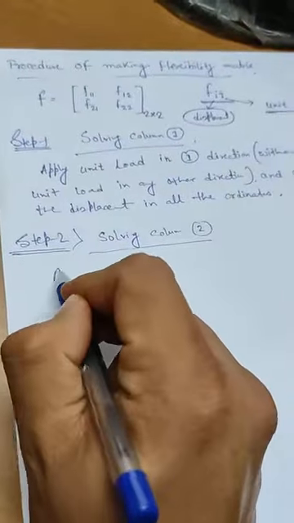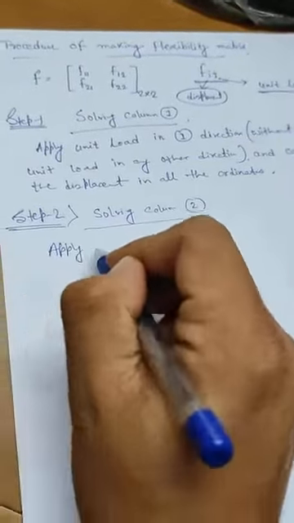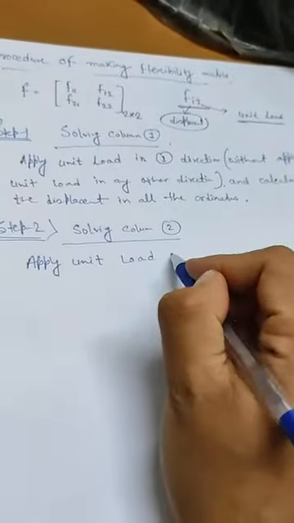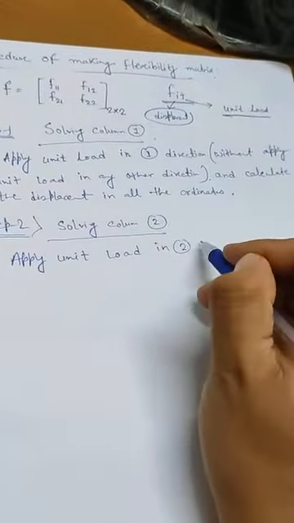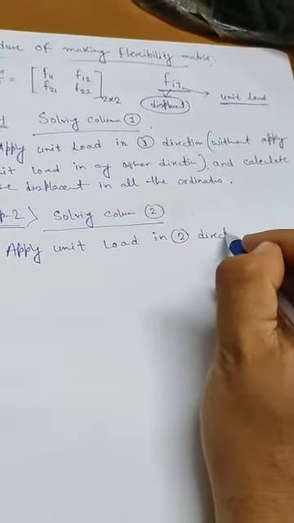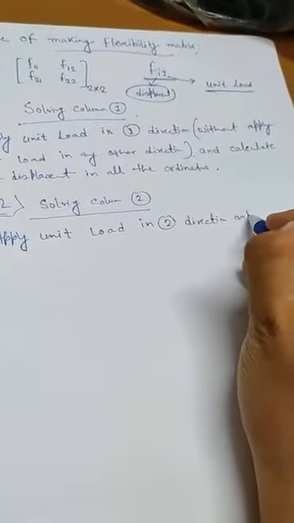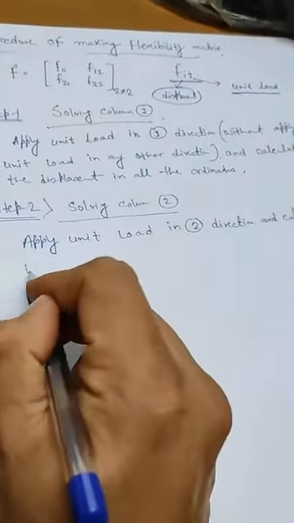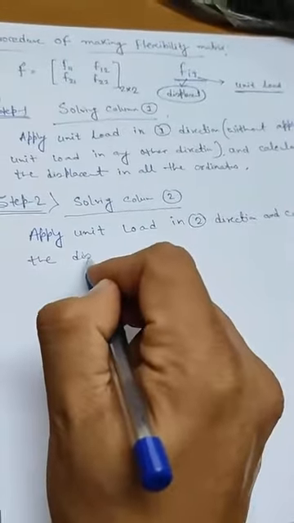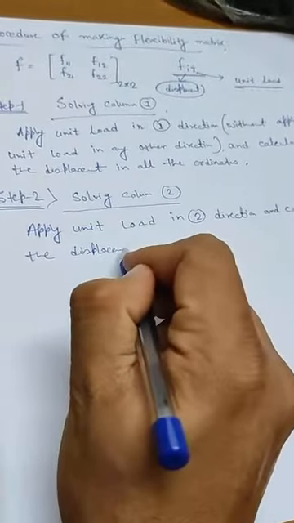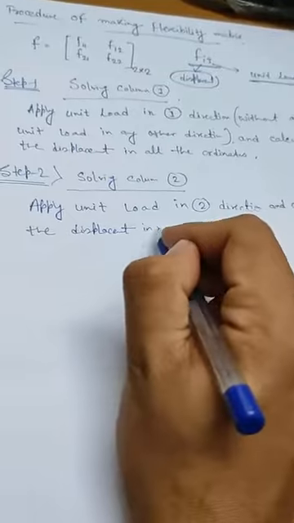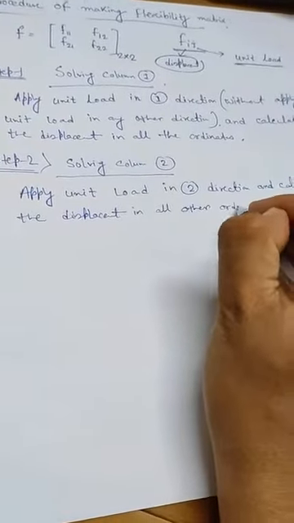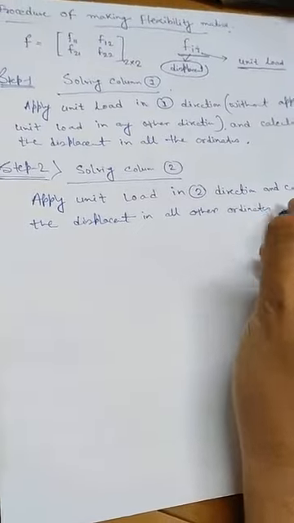So same, apply unit load in direction 2 and calculate the displacement in all other ordinates, right?